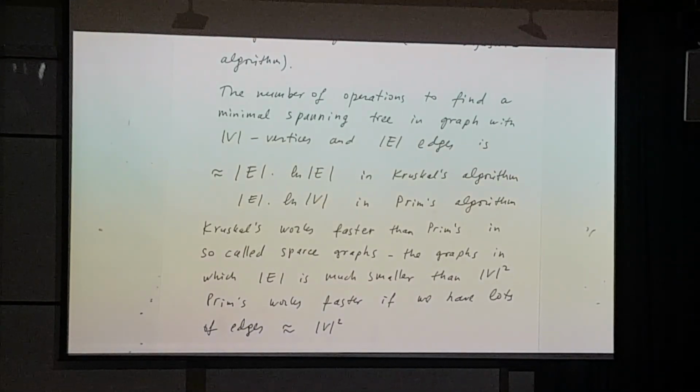So if you have 100 vertices and the number of edges is in the thousands, then Prim's will work faster. If the number of edges is in the hundreds, then Kruskal's will work faster. So hopefully that answers the question you had before. Okay, that's all for today.